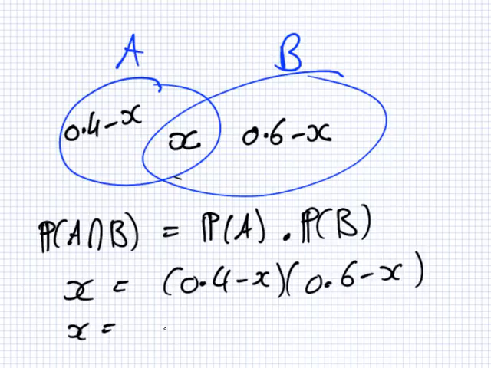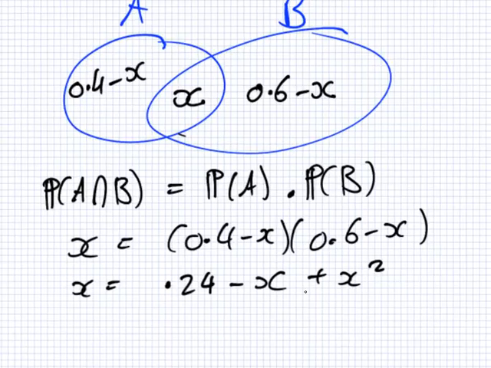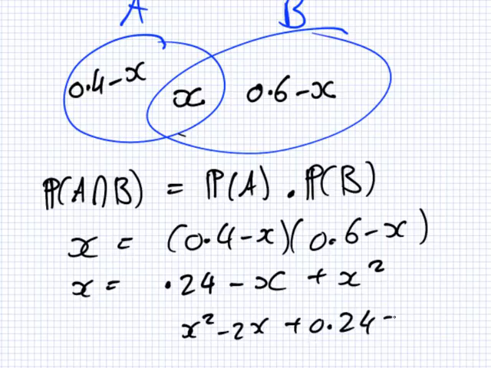So X equals, what's that, 0.24 minus 0.6X minus 0.4X plus X squared. X squared minus 2X plus 0.24 equals 0. Is it not minus, this one is minus 0.6x and this is minus 0.4x, so total minus 1x.